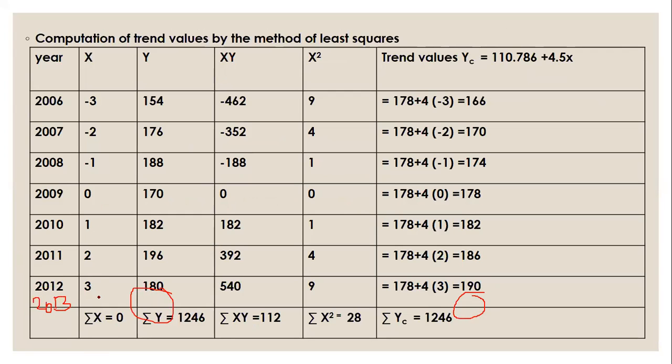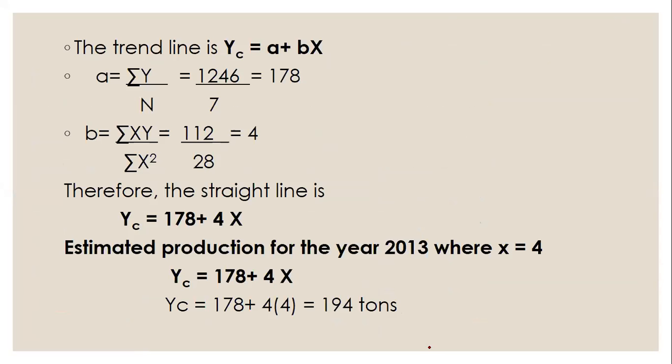Now, if 1, 2, 3 are there, the next value is going to be 4. So I can assume the X value, and then we will calculate the estimation for the year 2013.